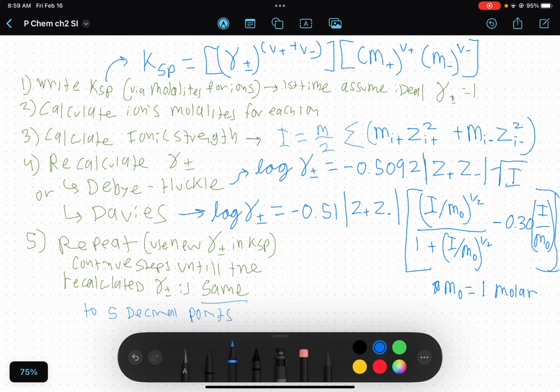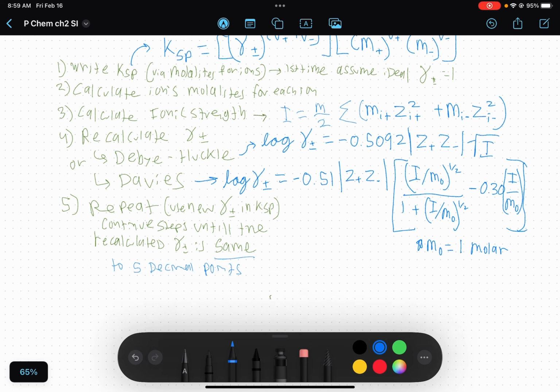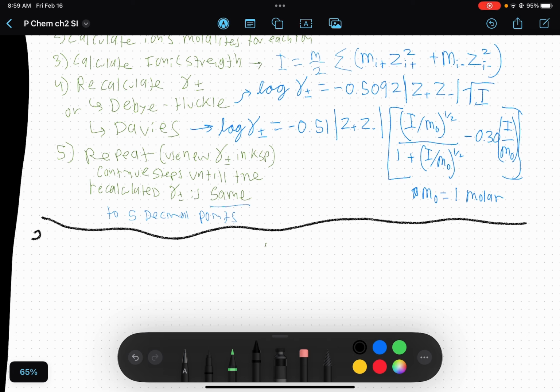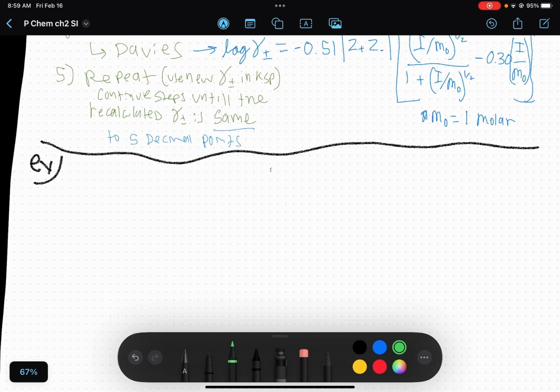So let's do an example of this. We have KSP for Mn(OH)2, so that's our ion, and they give us KSP as 1.9 times 10 to the negative 13.